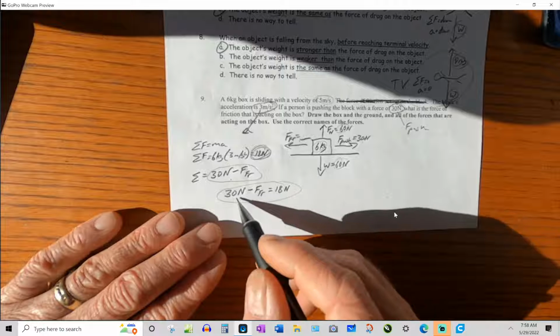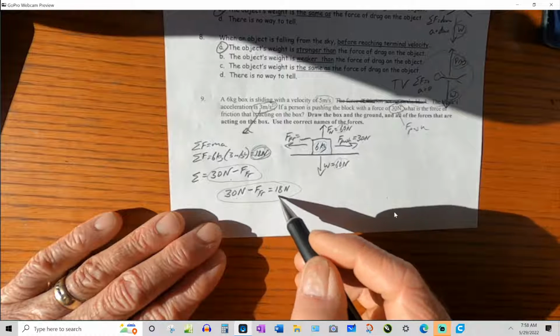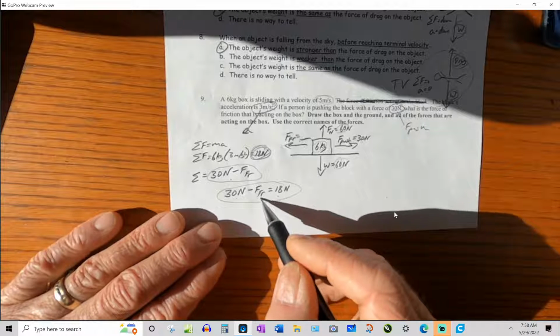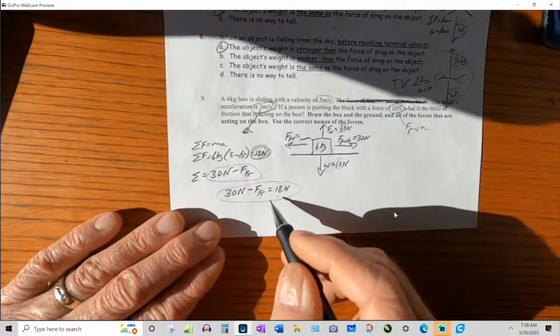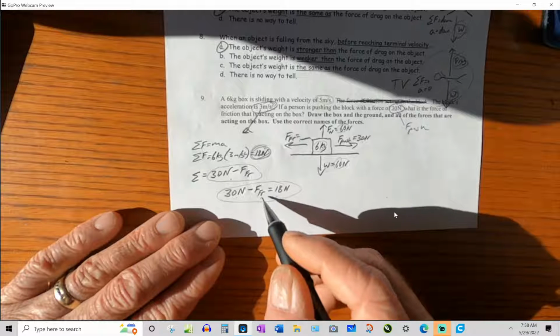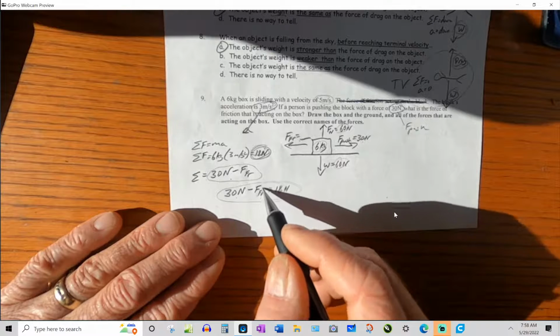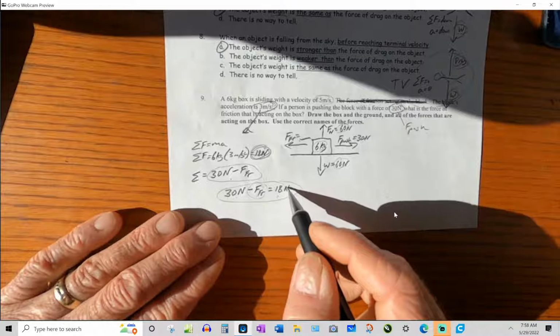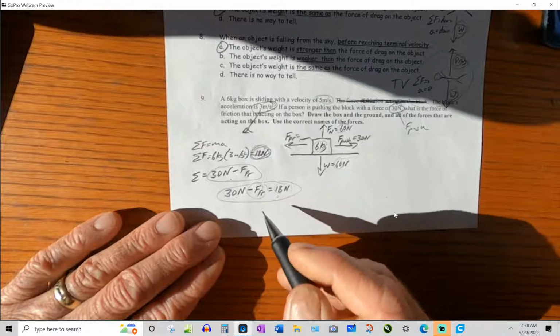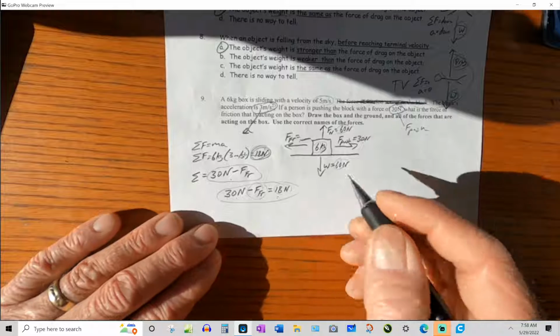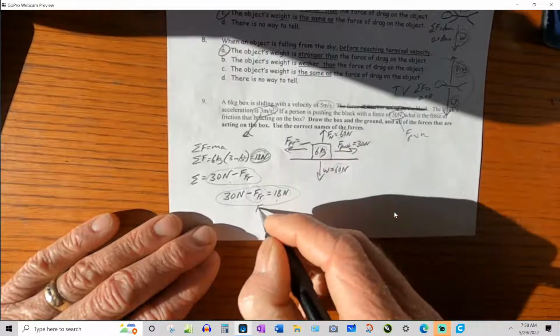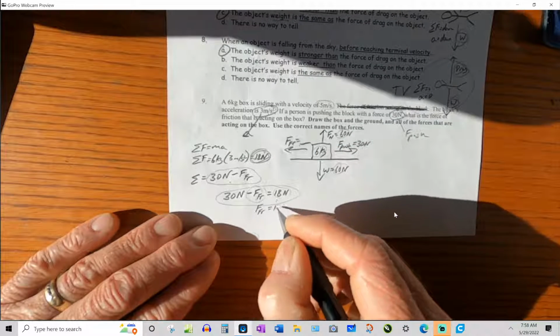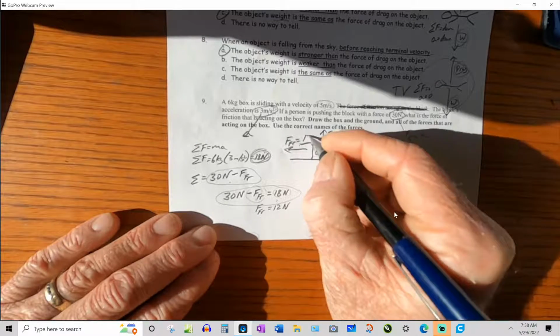So if 30 newtons minus friction equals 18, what do I need to subtract from 30 to get 18? And the answer is 12. You could also, your math teacher would say, add this to both sides, then subtract that from both sides. And when you do that, you're going to get 12. Force of friction equals 12 newtons.